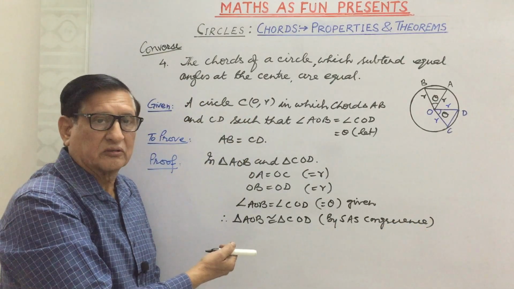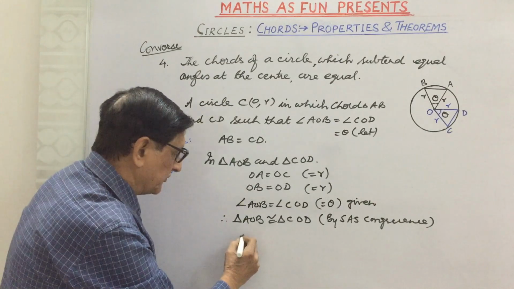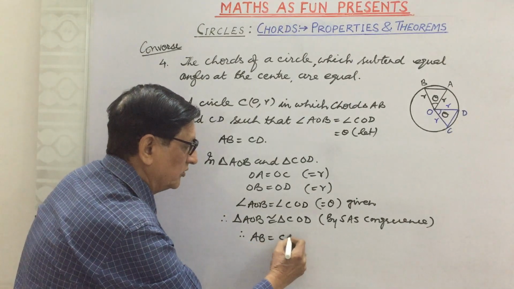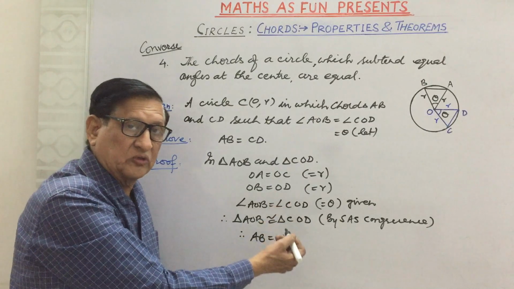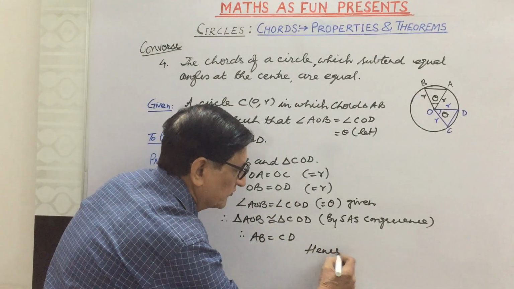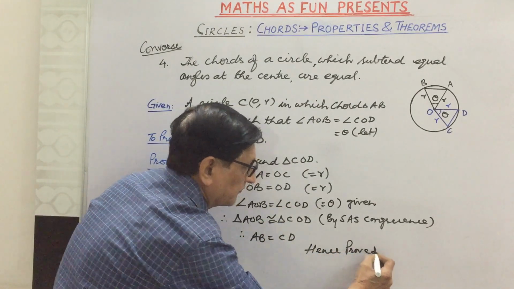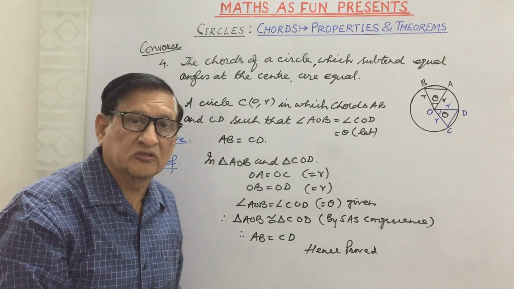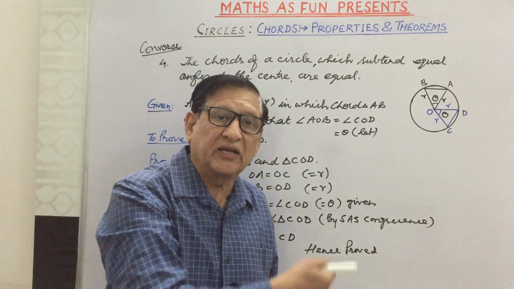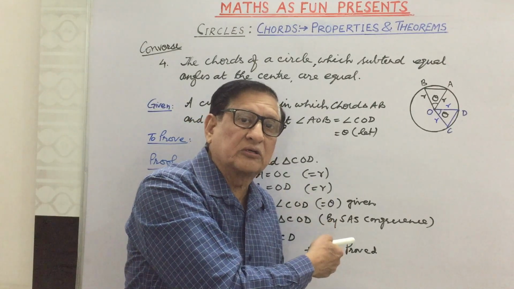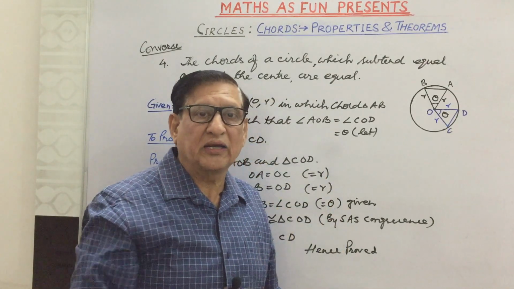And if they are congruent, corresponding parts are equal. It means AB is equal to CD, and that's what we have to prove, hence proved. So we could prove the converse also, that the chords which subtend equal angles at the center of a circle are equal in length.